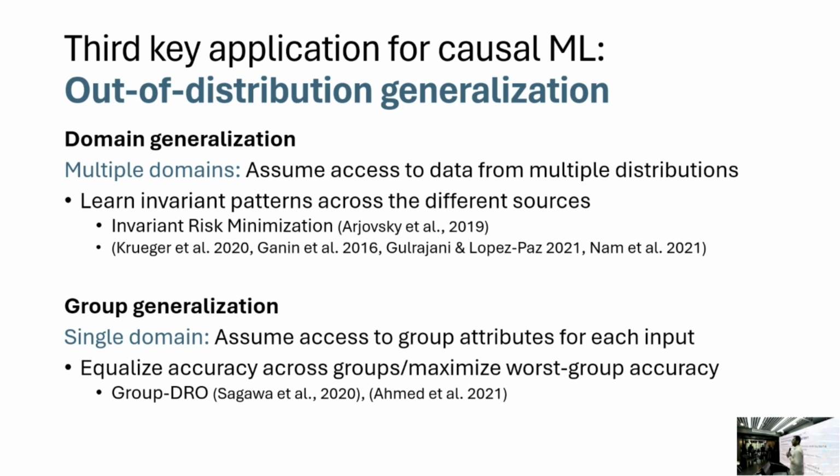Now we look at the third key application, which is out of distribution generalization. So suppose you still want to build better predictive models, but you're finding that your models are not generalizing well. You build them for one hospital, they don't get good accuracy when you deploy them on another hospital, right?